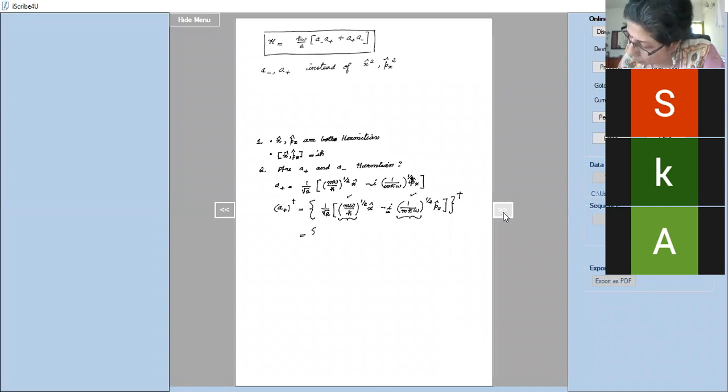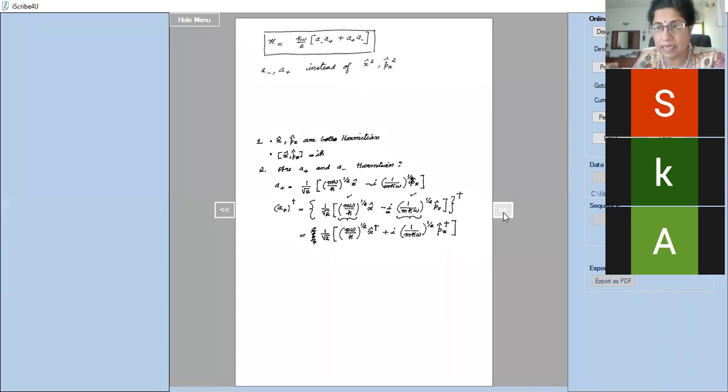So let's have a look now. What will you get? You will get 1 upon root 2, and I don't need to put this bracket anymore. I will have (m omega by h cross) power half x dagger plus i (1 upon m h cross omega) power half px dagger. But I know that both the x operator and px operator are Hermitian operators, so x dagger is nothing but x, and px dagger is nothing but px.